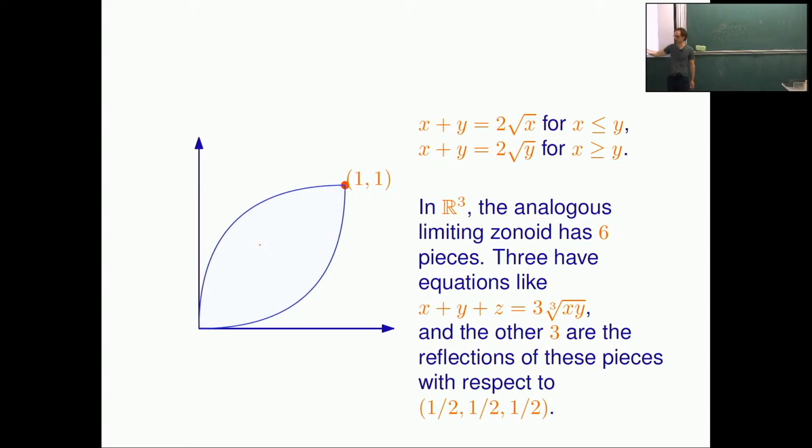So those are 3 of the surfaces, and the other 3 surfaces you get by reflecting over the center of the zonoid. And in theory, you can use the argument that I just described to calculate the limiting zonoid for any given cone and endpoint, in principle.